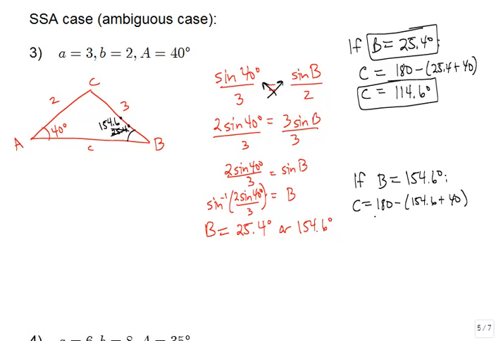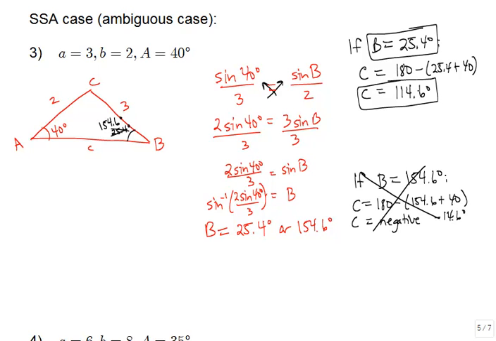So this is something negative. It's actually negative 14.6. So that can't happen because that would force angle C to be a negative angle. So that's how we know that even though 154.6 is a legitimate angle in a triangle, it forces the other angle to be too small and not make sense. So we're not going to have two cases anymore, we're only going to have the one.